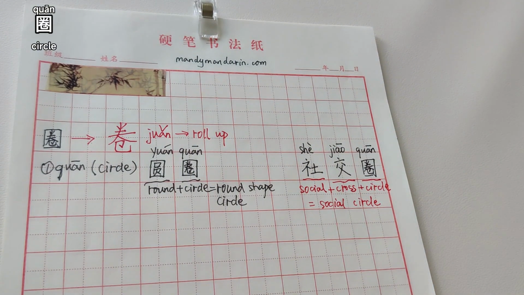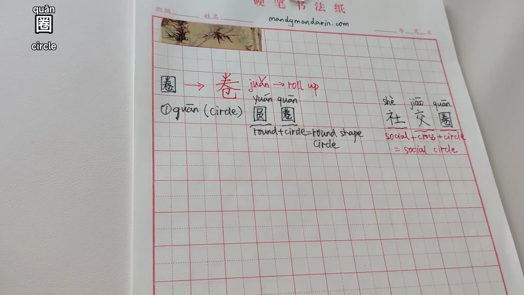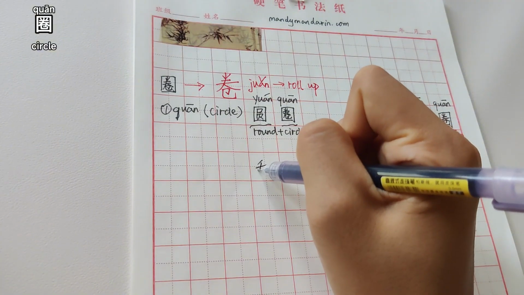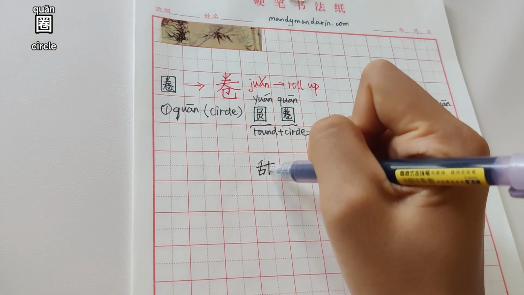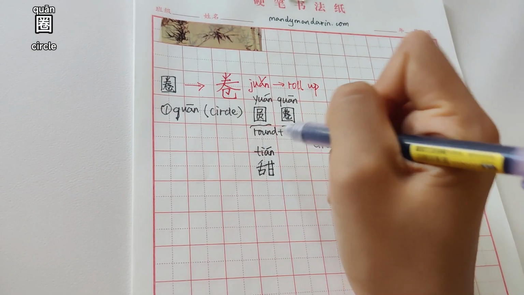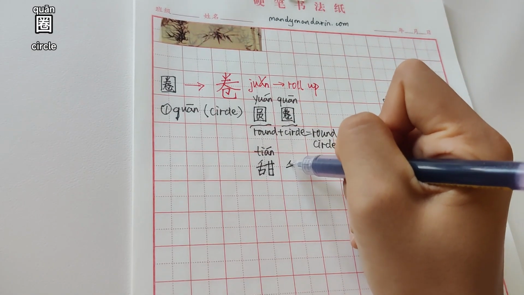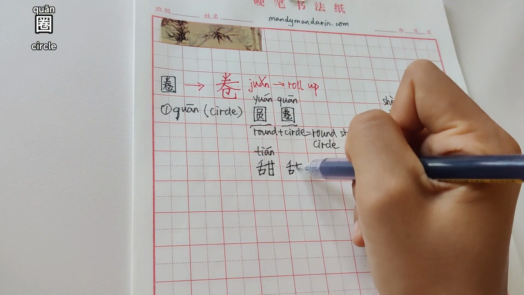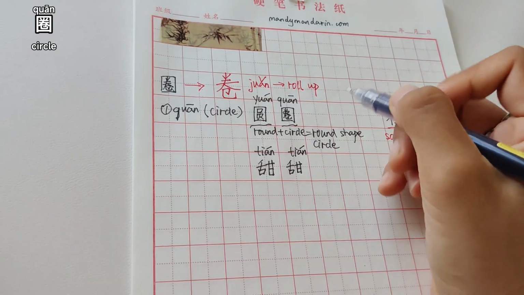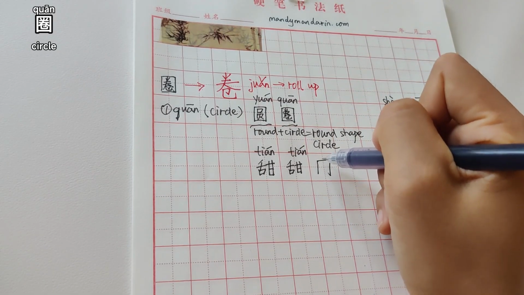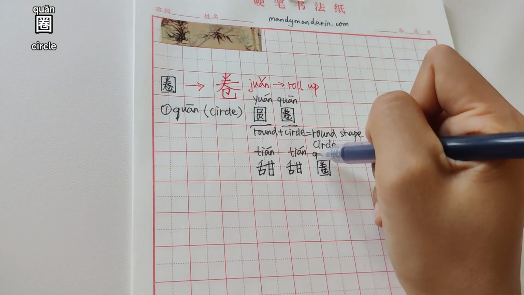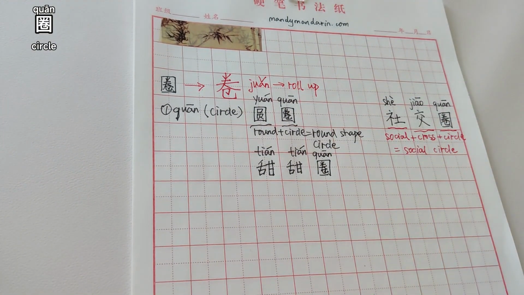And another cute word to learn with the 圈: 甜甜圈.